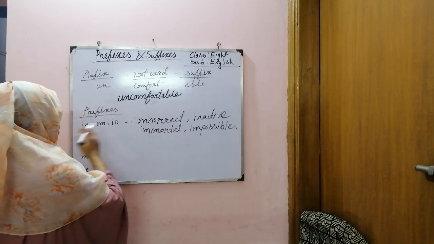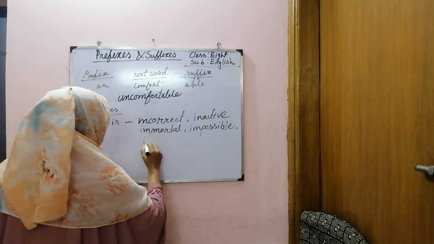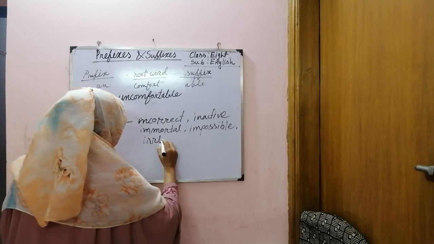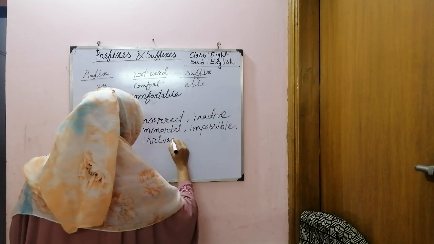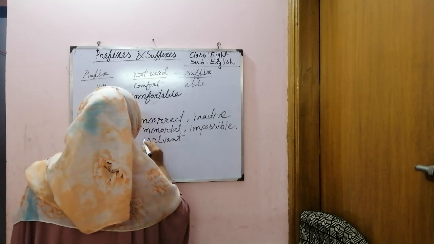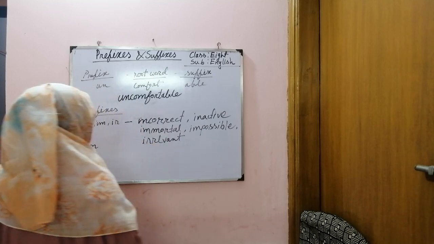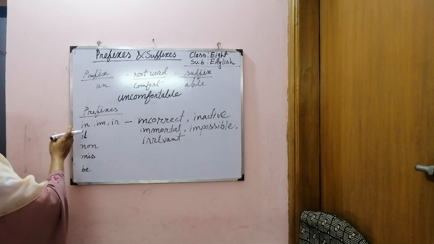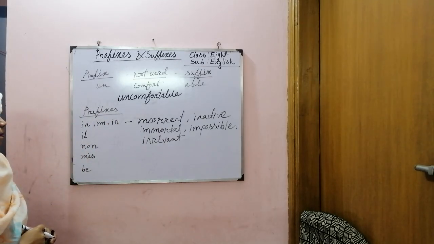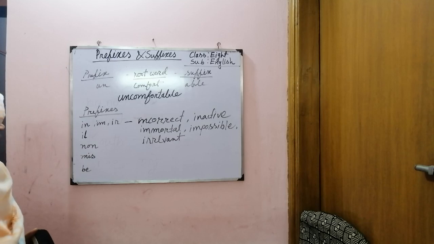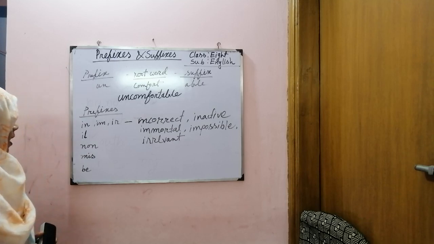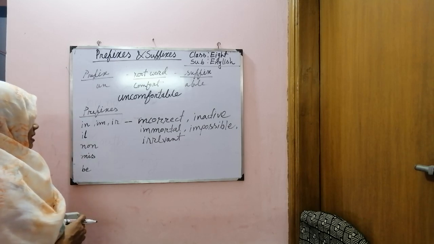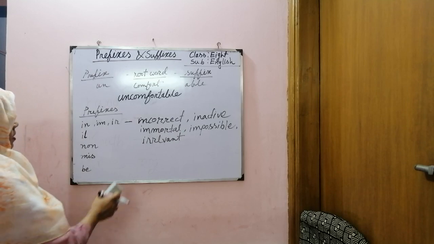With the help of ir, I can write irrelevant. So you can see that with the help of these prefixes, we can make some new words: incorrect, inactive, immortal, impossible, irrelevant.